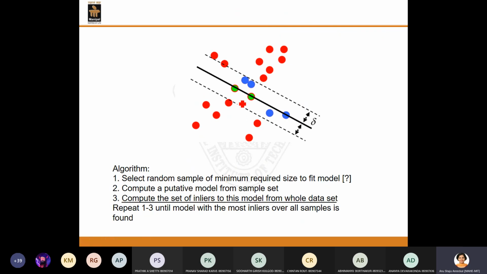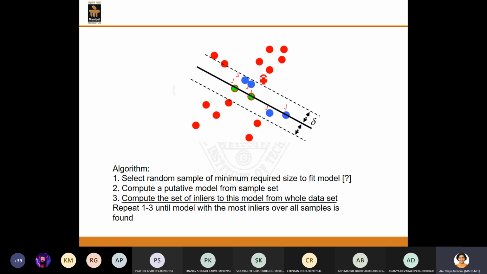In the previous example, I'm considering this value delta over here, and these are the 2 random points which were considered. After specifying delta and determining this region, the blue points would be the inliers, and all the remaining red points have been identified as outliers.